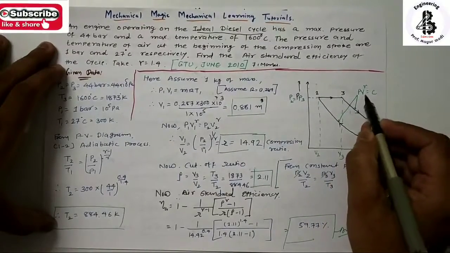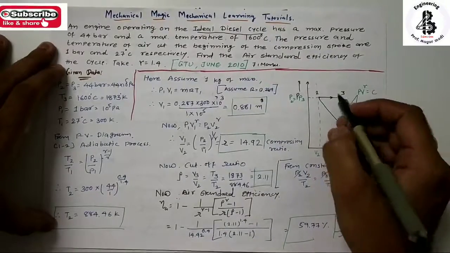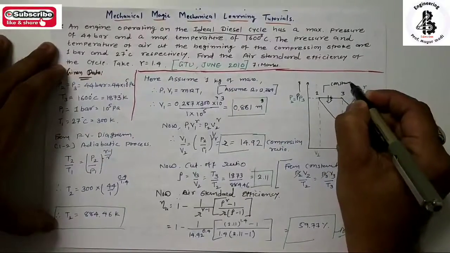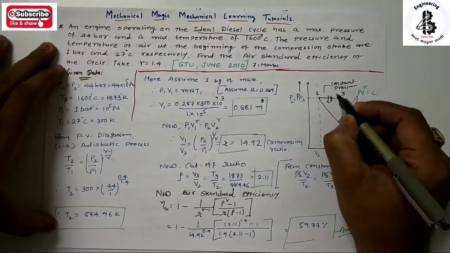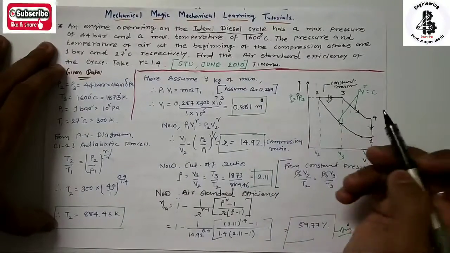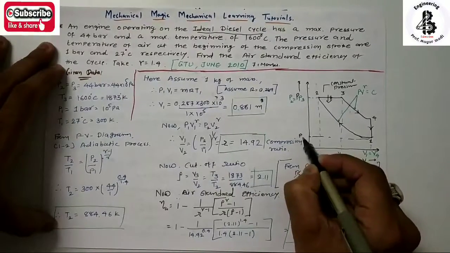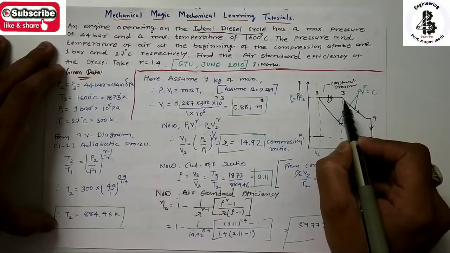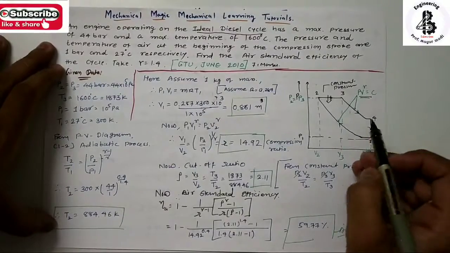So here PV raised to gamma equal to constant for the 1 to 2 process, and after that the 2 to 3 process is constant pressure heat addition. So P2 should be equal to P3 over here, and the first position is P1. After point 3, once again it will be an adiabatic expansion process, so PV raised to gamma equal to constant.